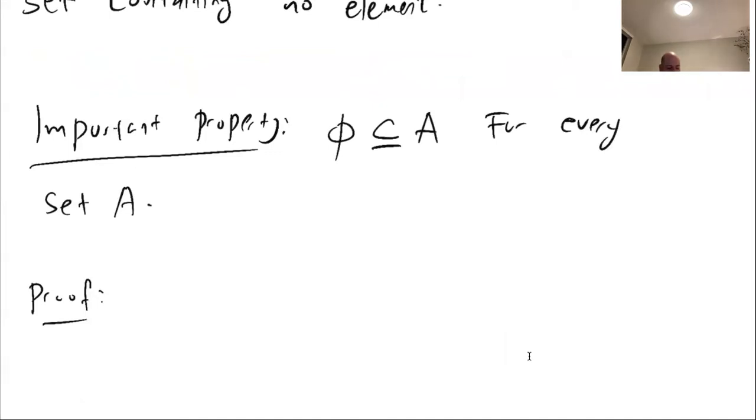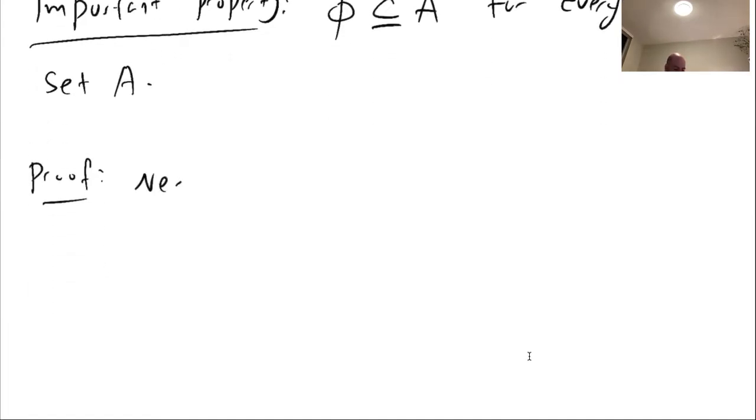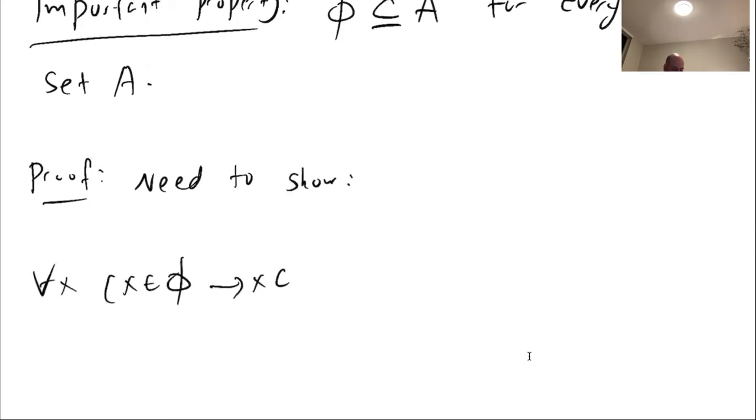What is the definition of subset? When do we say that a set is a subset of another set? If for every x belonging to the first set, it implies that x belongs to the second set. So we need to show that for every x belonging to phi, it implies that x belongs to A.